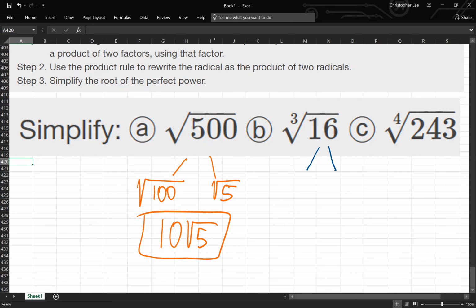Well, 2 times what? Oh, okay, so it has to be 8, right? So it's cube root of 8 times cube root of 2, right? And what's the cube root of 8? Not 4. 2, right? So final answer, 2 cube root of 2.